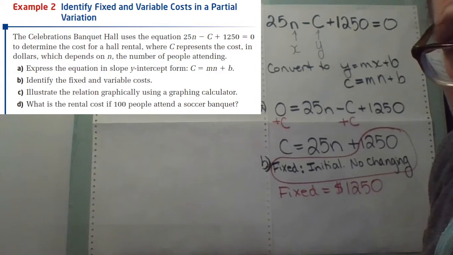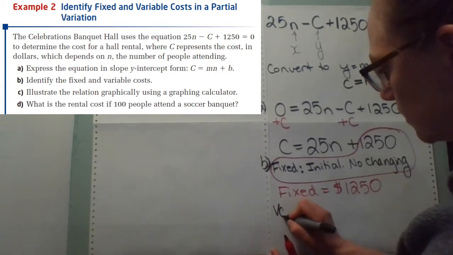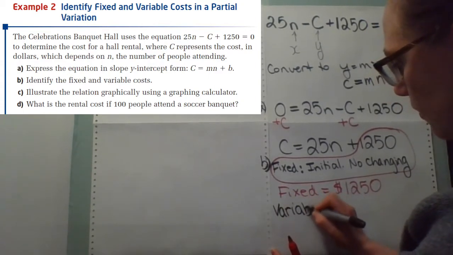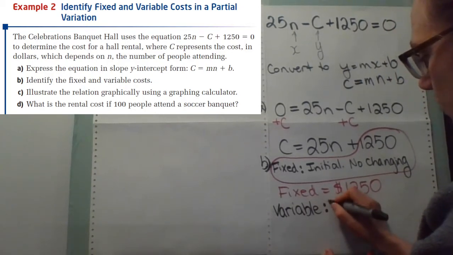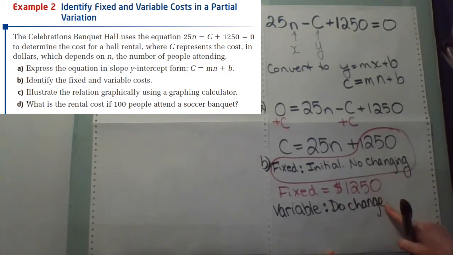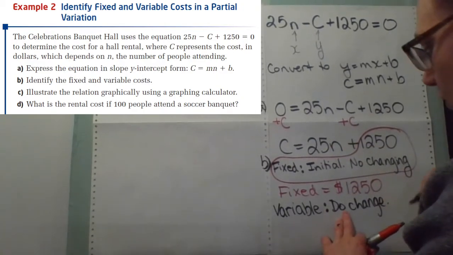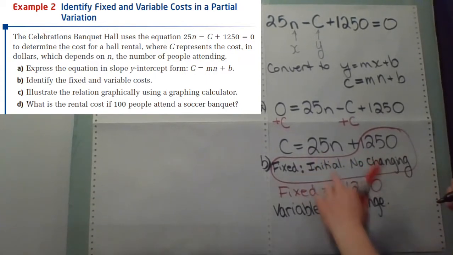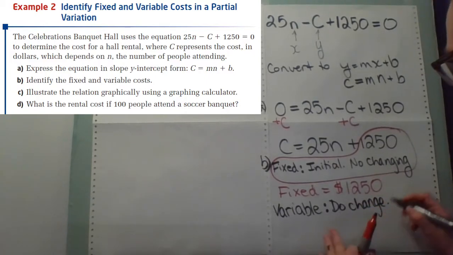My variable costs, these are the ones that do change. So that's going to be the one that's attached to my letter. Okay, so this one's going to be my slope. This is my rate of change. Okay, so the variable costs do change.